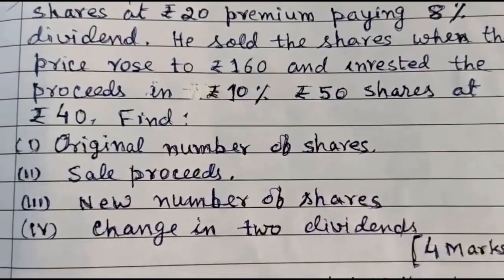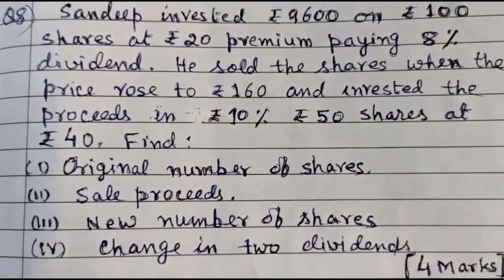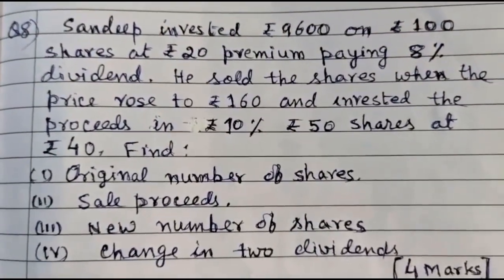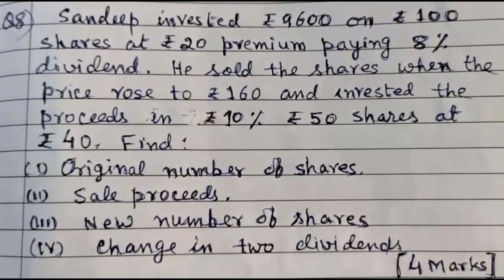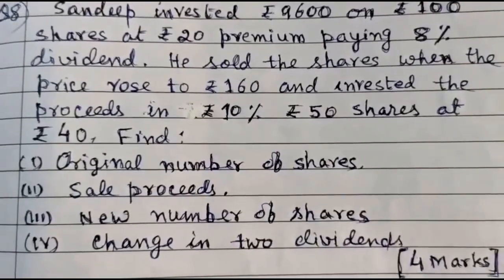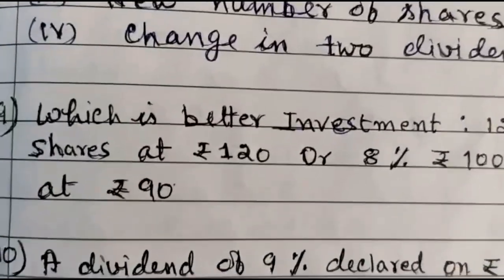Find number 1, original number of shares, number 2, his sale proceeds, number 3, number of shares, and 4, change in the two dividends. This question carries 4 marks.